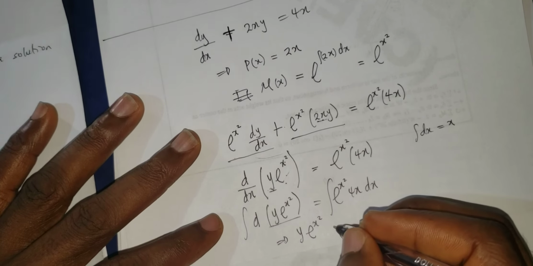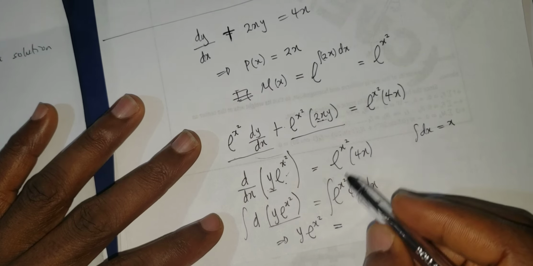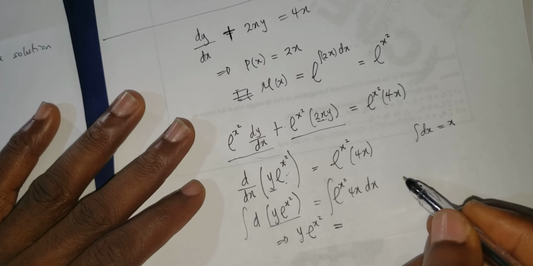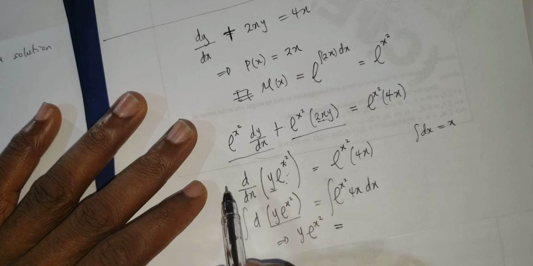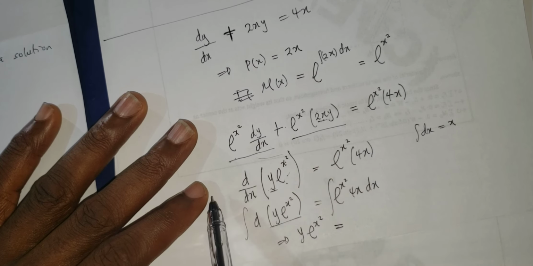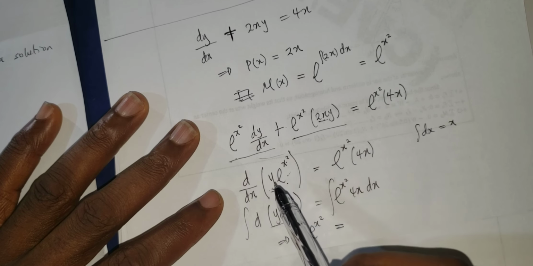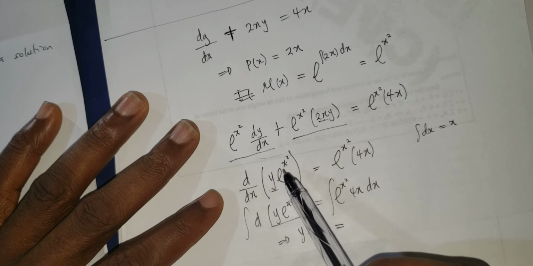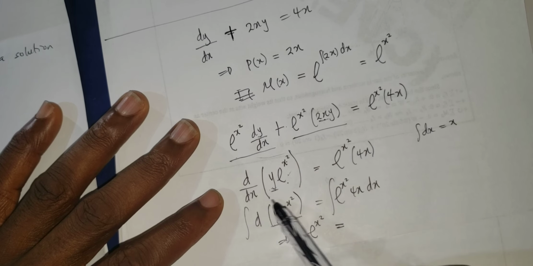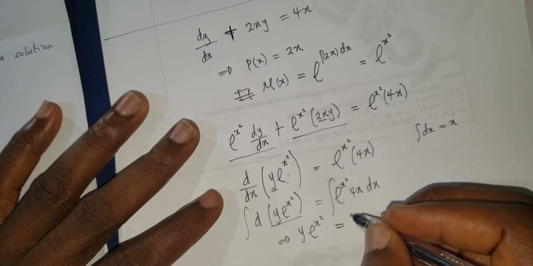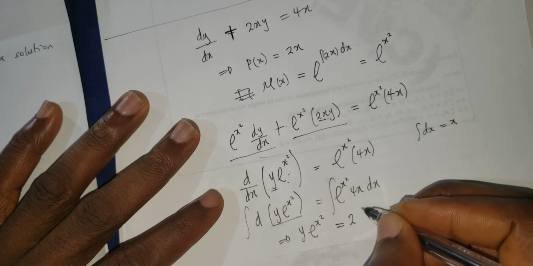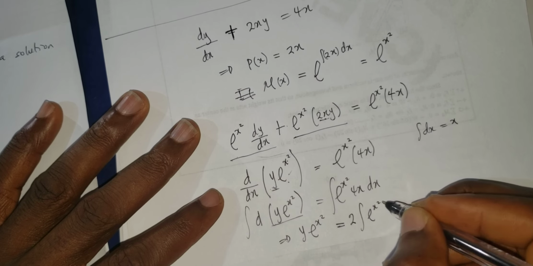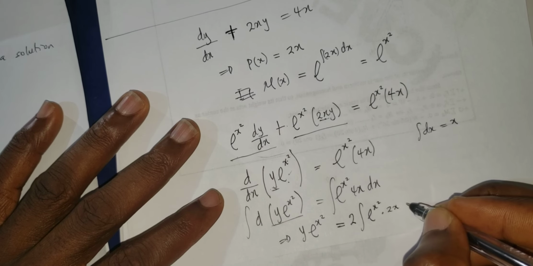All right, and this is going to be equal to, now to get the integral of this, you don't really need to go that far. It's something you can also deduce from what we have done here already. We know that the derivative of e raised to power x squared is actually 2x e raised to power x squared. So if you have 4x e raised to power x squared, you can just write this as 2 multiplied by the integral of e raised to power x squared multiplied by 2x dx.